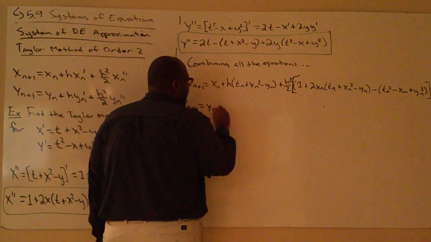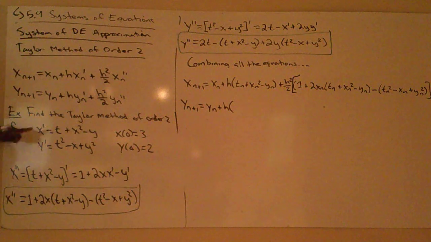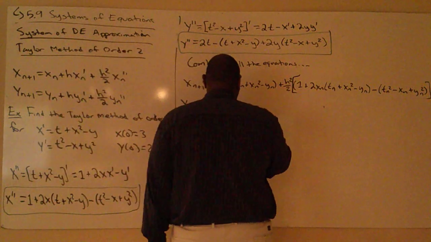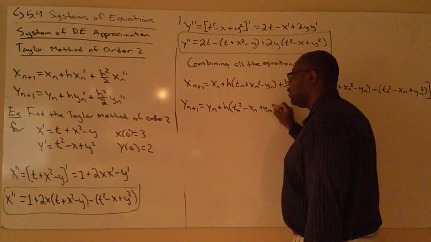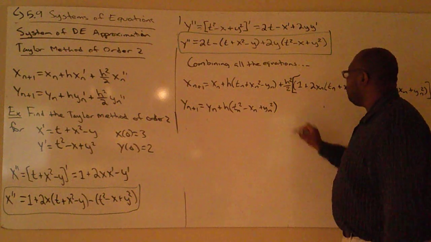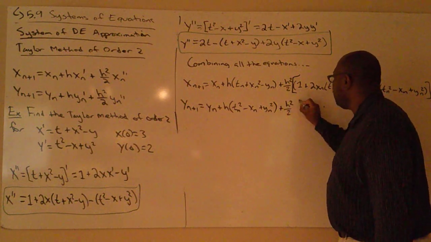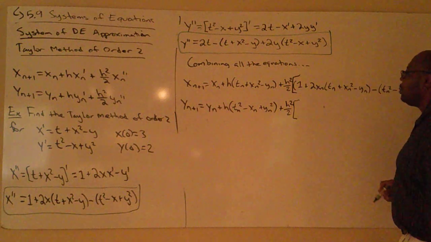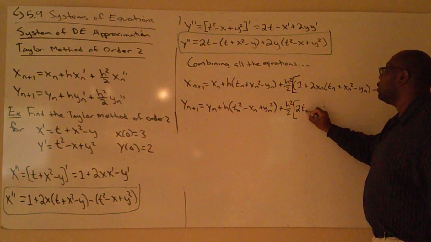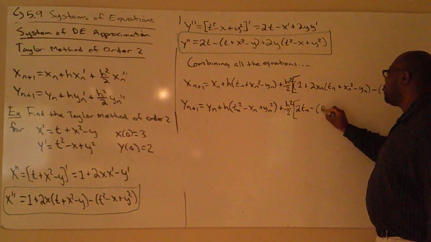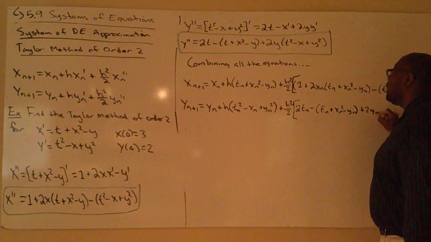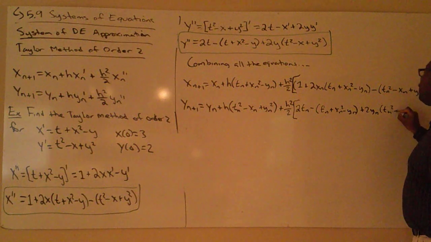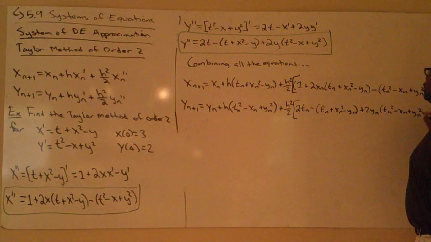It's equal to y sub n plus h times, looking at this, the derivative of y, which is t sub n squared minus x sub n plus y sub n squared, plus h squared over 2, let me just put the bracket there because I know I'm going to need it, times the quantity 2t sub n minus quantity t sub n plus x sub n squared minus y sub n plus 2y sub n times t sub n squared minus x sub n plus y sub n squared.